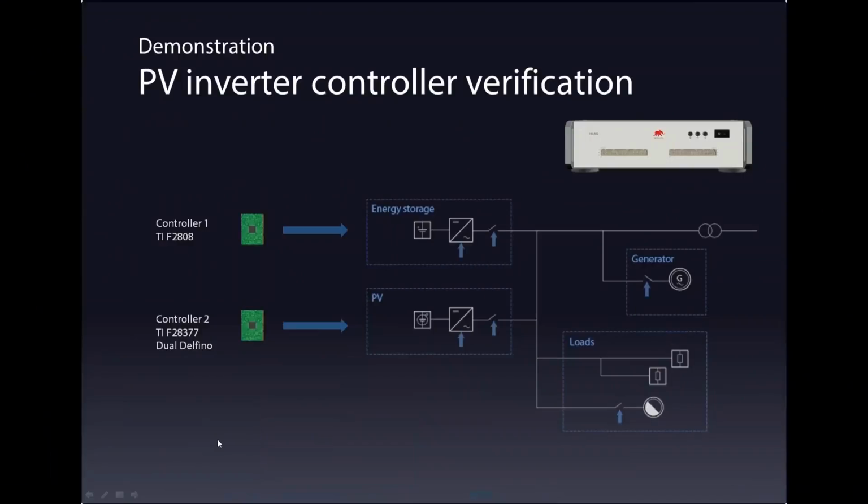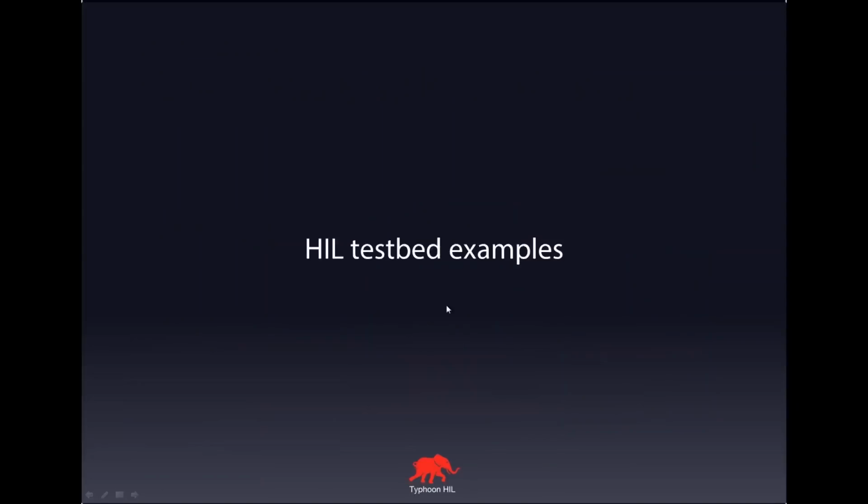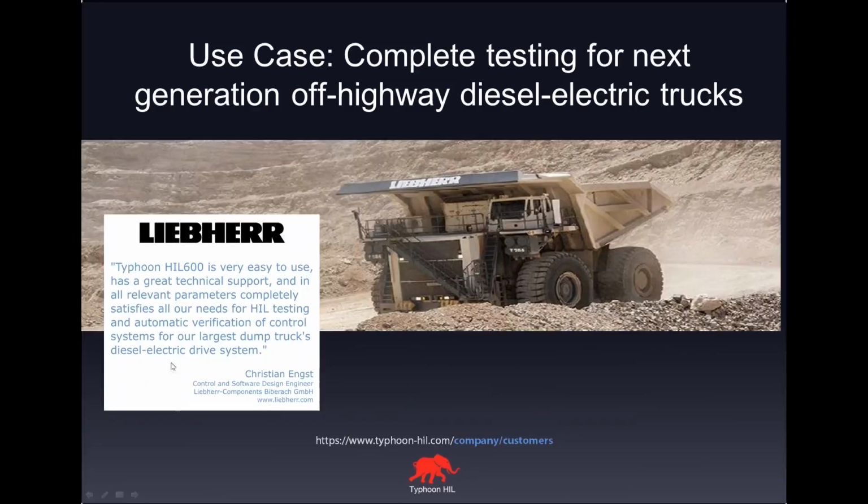Before we switch back to the Dragon, I just want to show you a few examples of how this controller technology is being used by different customers in different applications. Much more detailed explanations are available on our website.